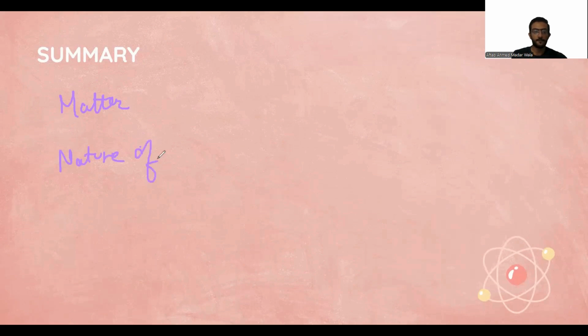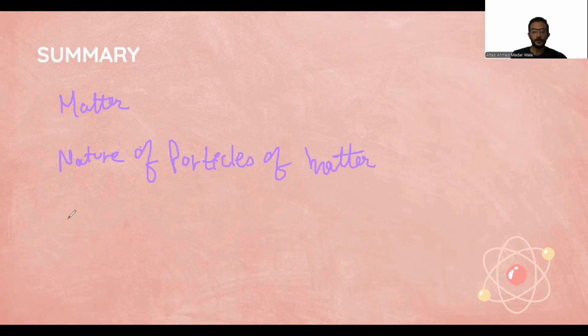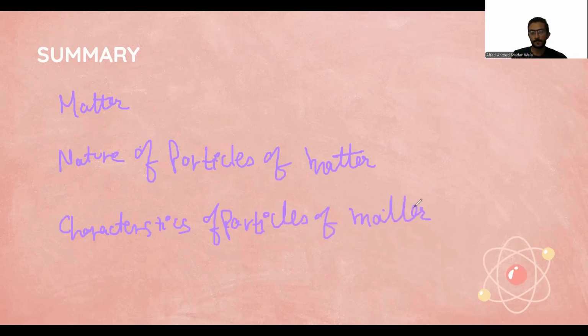And third, we did the characteristics of particles of matter, right? So I hope all the three things which we have discussed today are clear to you, and the remaining topics we are going to cover in the further lectures.